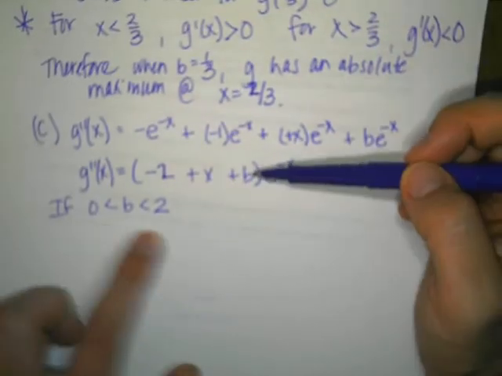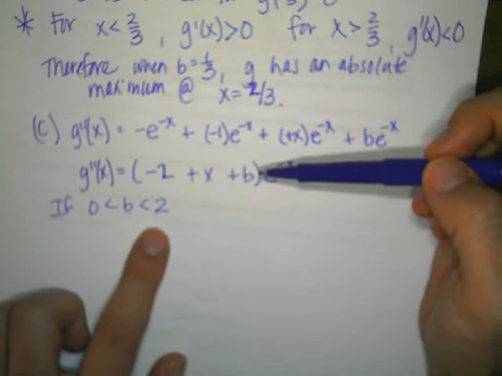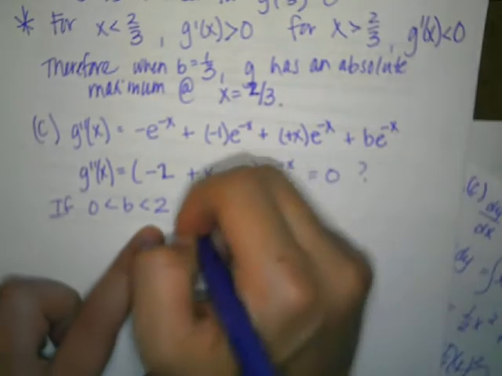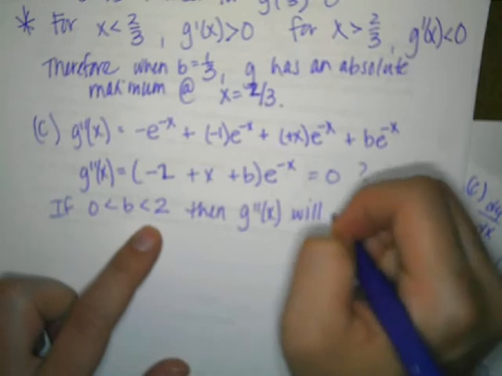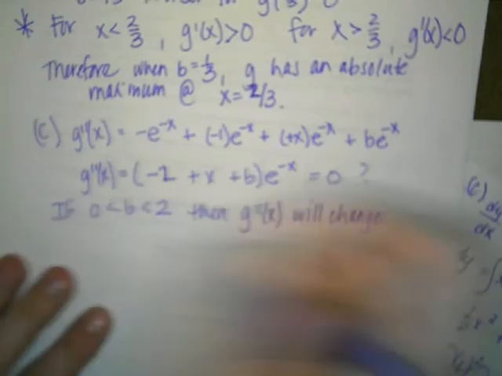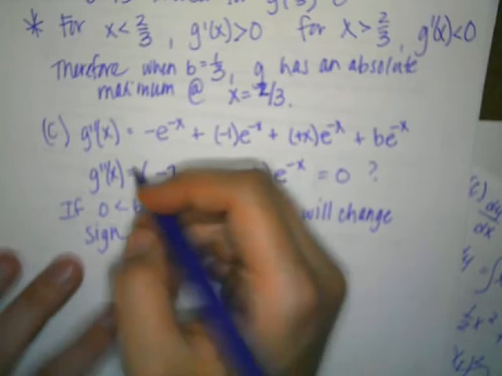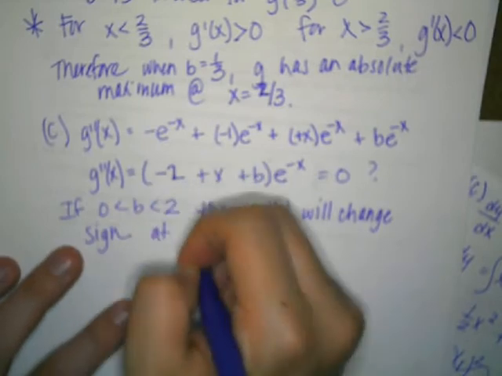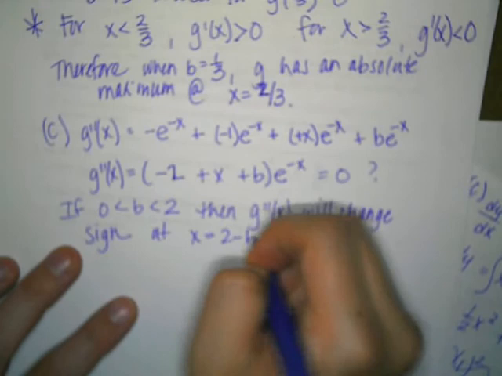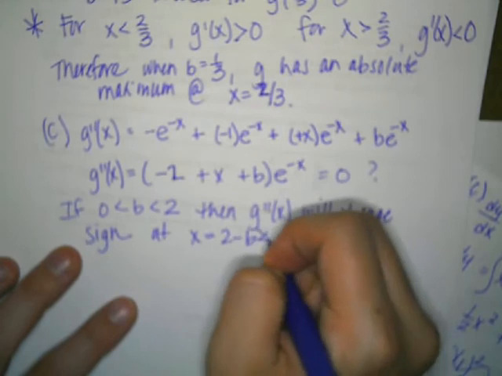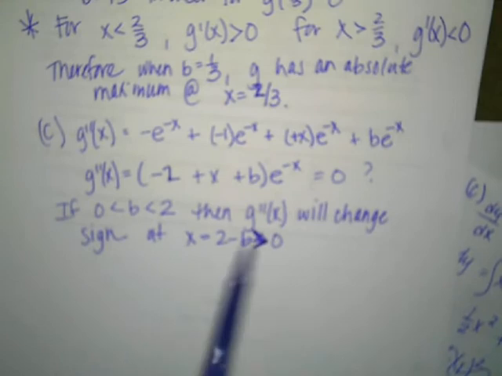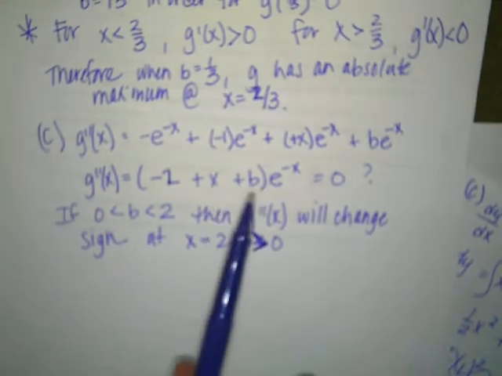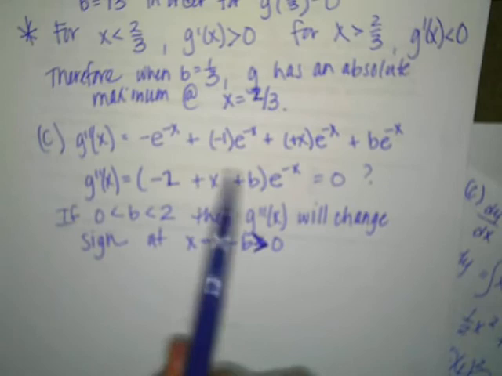If b is between 0 and 2, then g double prime will change sign at x equals 2 minus b, oops, greater than 0. Okay, so that's taking 2, subtracting b. It's just basically saying that that expression there is going to be greater than 0.